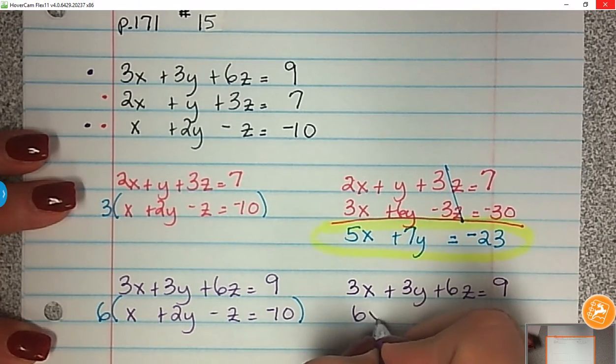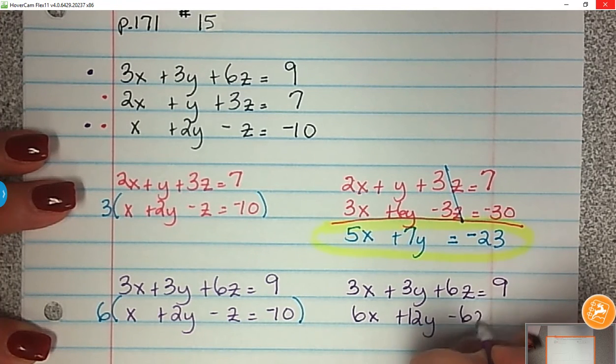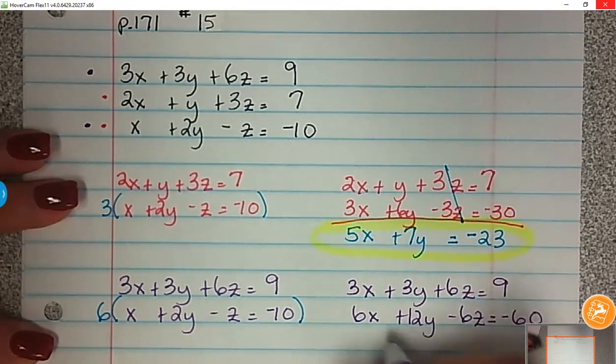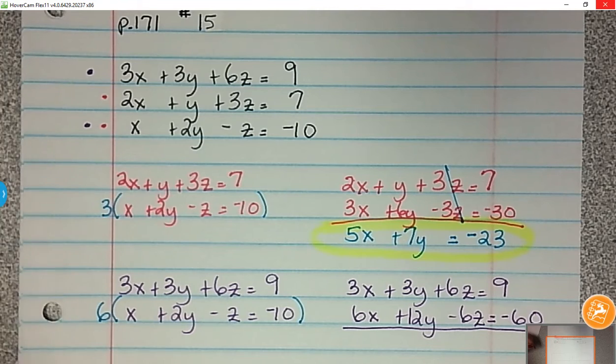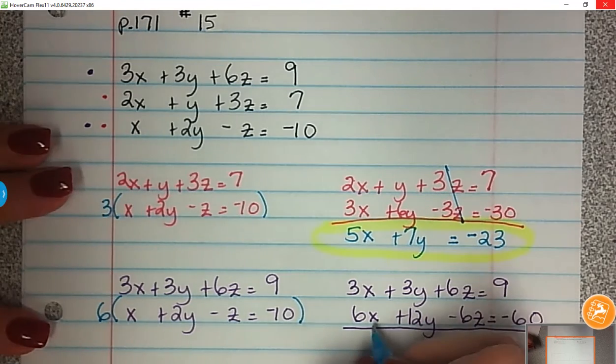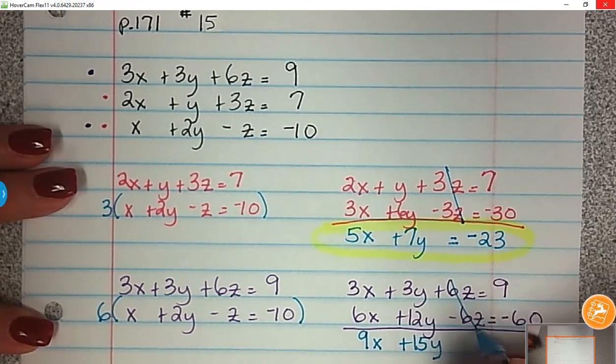That'll give me 6x plus 12y minus 6z equals -60. So when I add these 2 equations together, I get 9x plus 15y, the z's will cancel, equals -51.